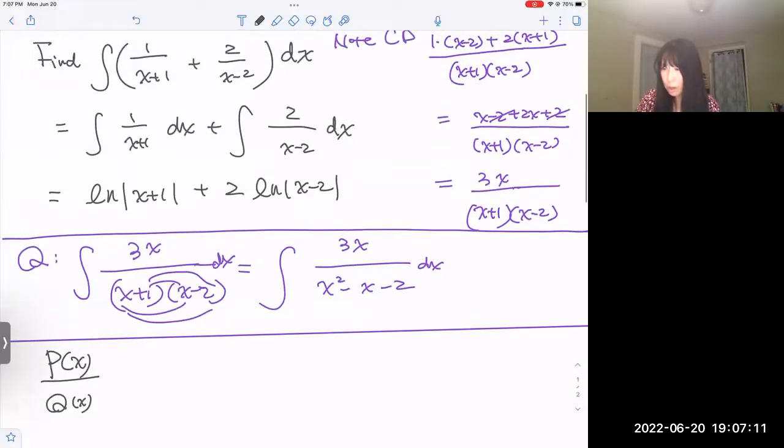So we decompose the fraction like that from the 3x, okay? But only if the degree of the numerator is less than the degree of the denominator.